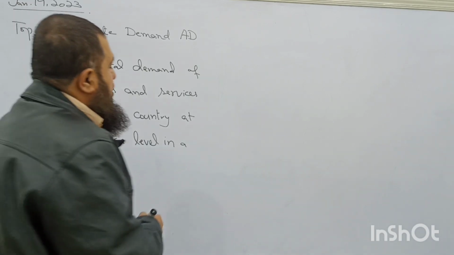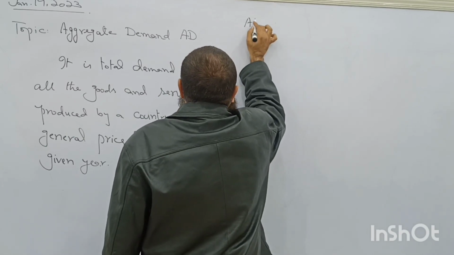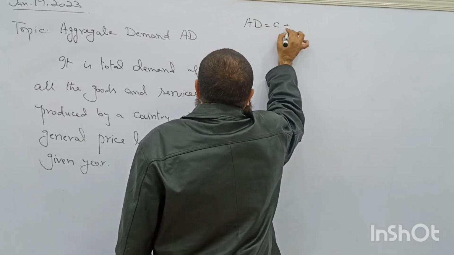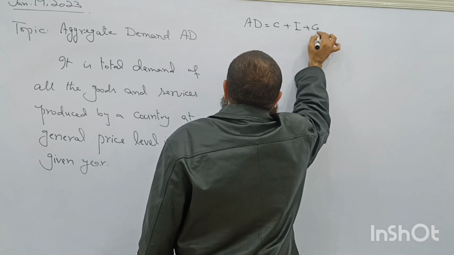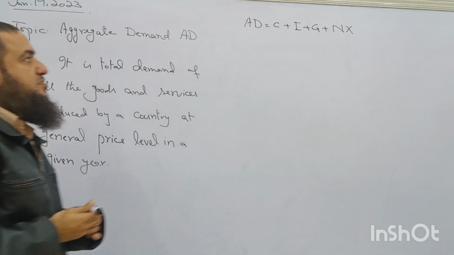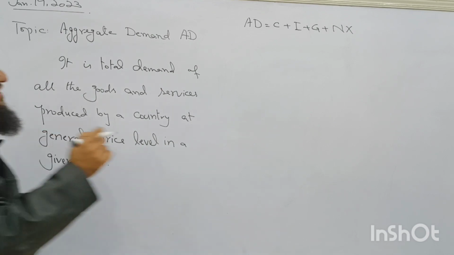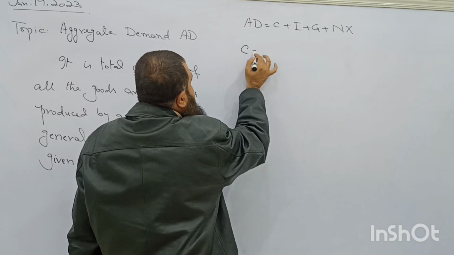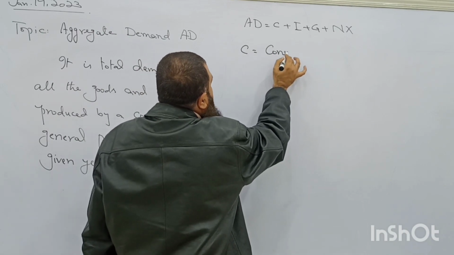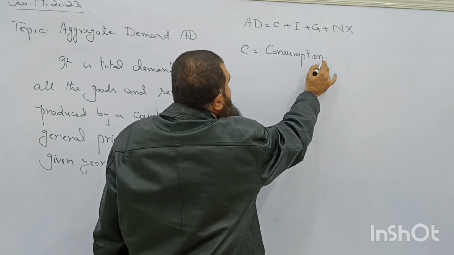Now, I am going to draw the aggregate demand curve. First of all, aggregate demand is equal to C plus I plus G plus net exports. What is aggregate demand? It is C plus I plus G plus net exports. C stands for consumption by the households, as we were talking in our previous lesson.